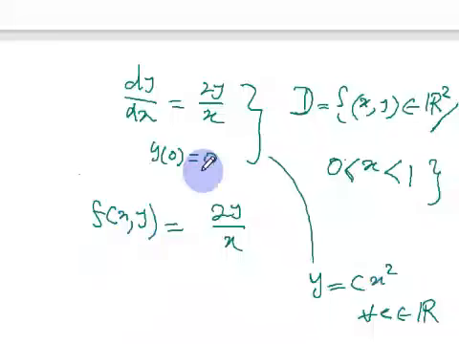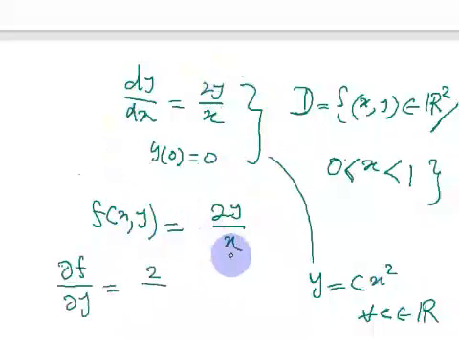Let's check whether this has a unique solution here. I think no. If you compute the derivative of f with respect to y, you get 2 over x. So this is not bounded on this domain.